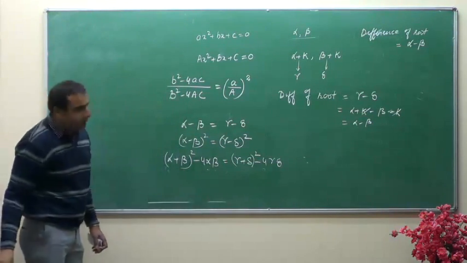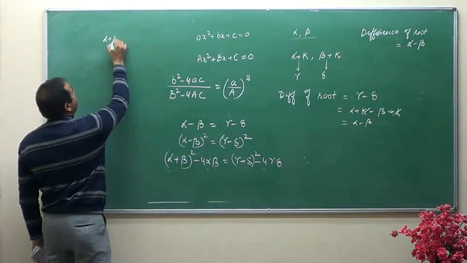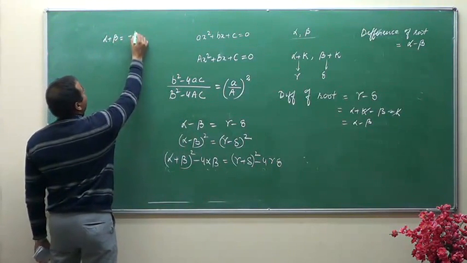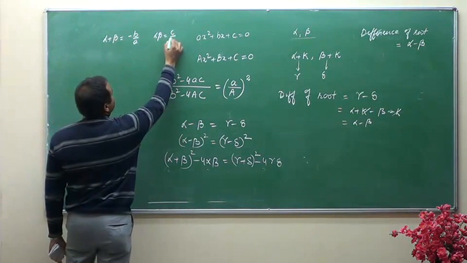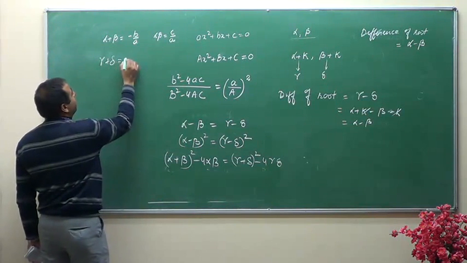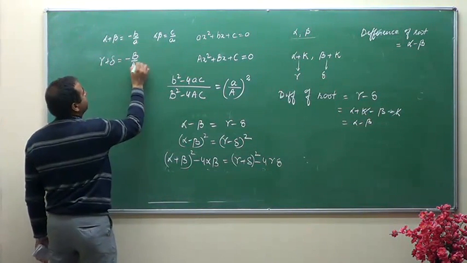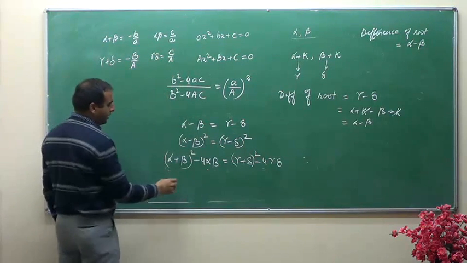So what is alpha plus beta? From this equation, alpha plus beta is minus b by a and alpha beta is c by a. And what is gamma plus delta? Gamma plus delta is minus capital B by capital A and gamma delta is capital C by capital A. So put it here.